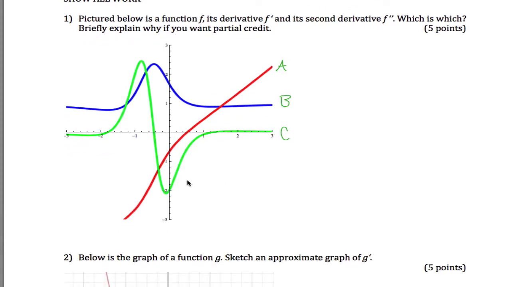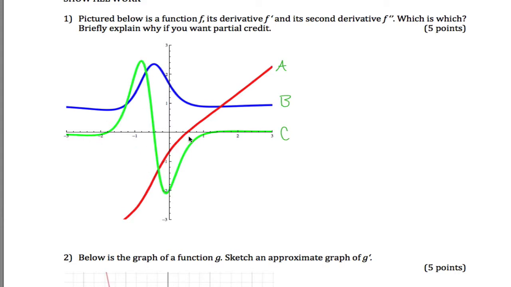Okay, well, a couple ways you can get at these. Something I like to do is look for spots where a curve is flat. So if we take this green one here, note it's flat right up here. So if the derivative of this green curve is pictured, the height of that curve better be 0 at this point right here. Similarly, it would have to be 0 at the other points where the green curve is flat.